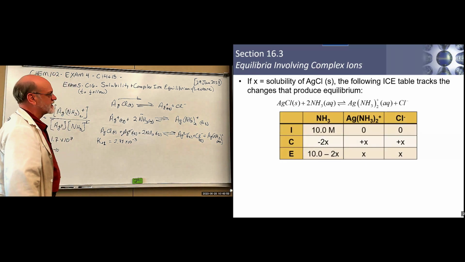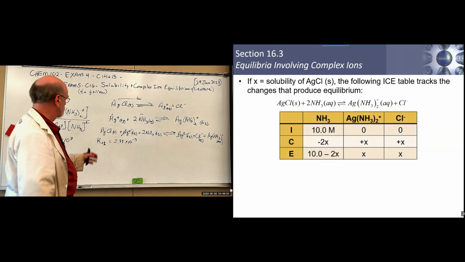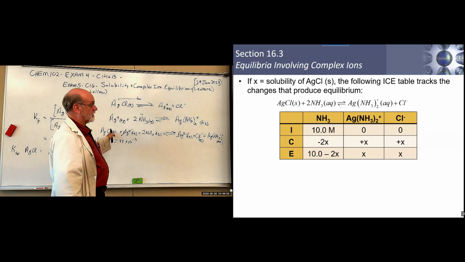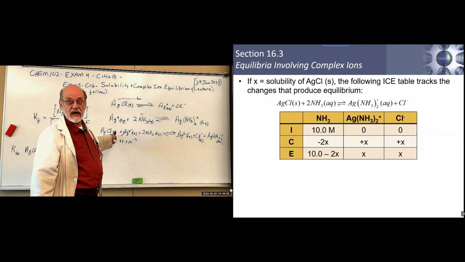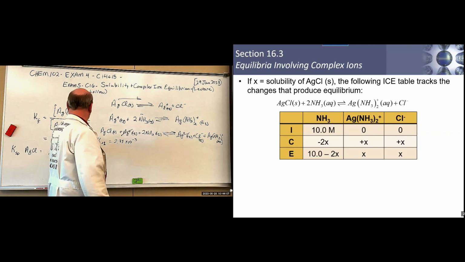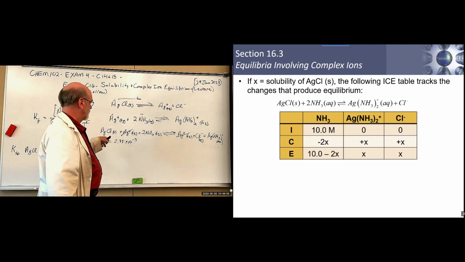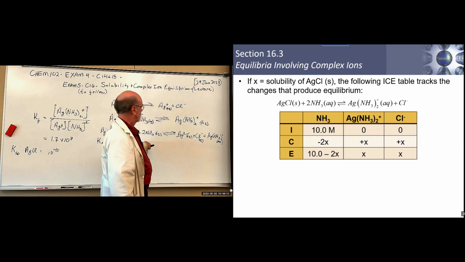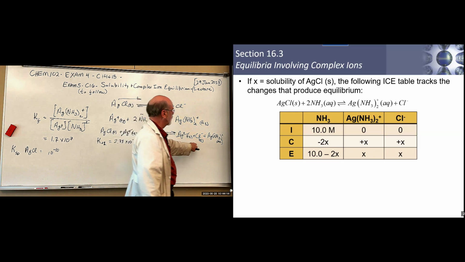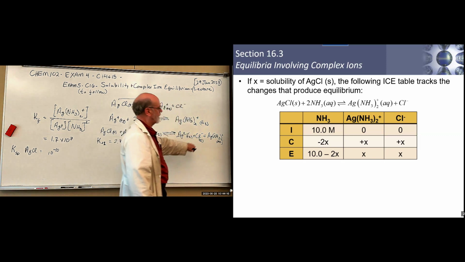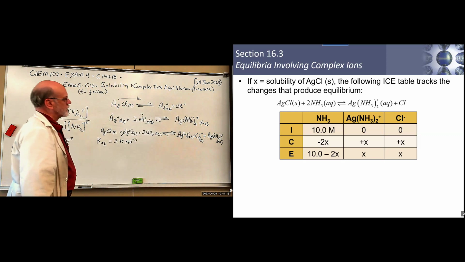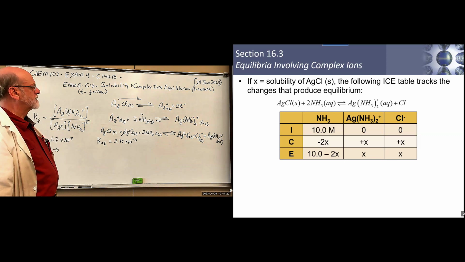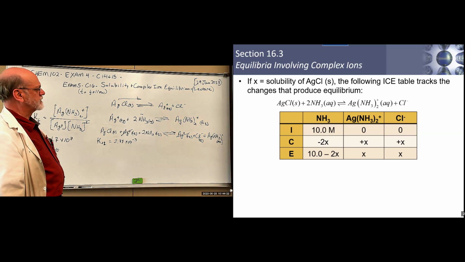And if we set up our ICE table, the silver chloride is not in there, right? Because it's a solid, it's not in the expression here either. Then we have ammonia, we have chloride, we have the complex ion. We didn't give all the information here.